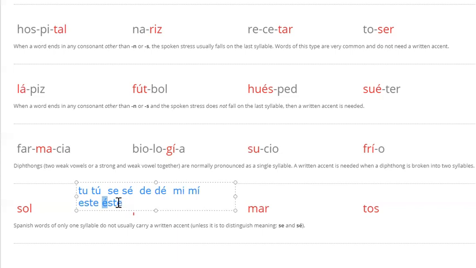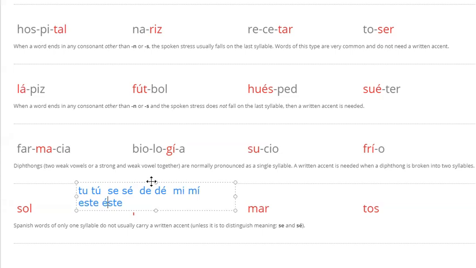The stressed syllable should be the second to last syllable, and if it's not, we write an accent mark. Well, that doesn't seem to follow our rules, because this is where the stressed syllable should be already. Why are we writing a written accent mark? Because this is just to differentiate between este as an adjective without the accent mark and éste as a demonstrative pronoun with the accent mark.